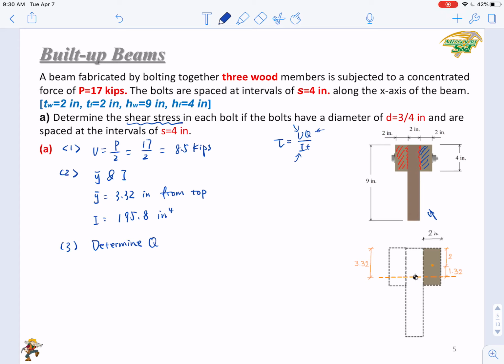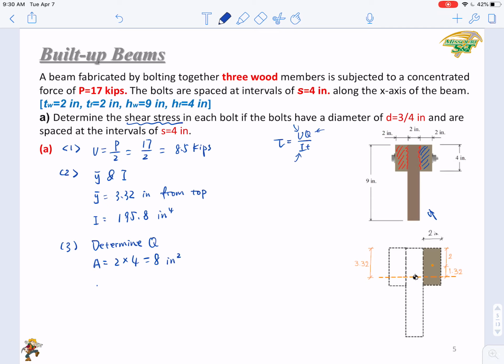Right? To do this Q, then we just need to know A and D, right? So the A of each of them will be 2 times 4, right? So 2 times 4, you get 8 square inch.